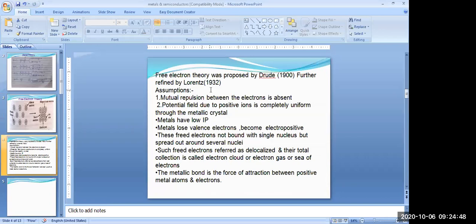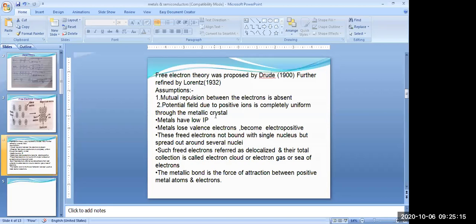First, the mutual repulsion between the electrons is absent, because the electrons are delocalized over all the atoms equally. That is known as delocalization of electrons. Secondly, the potential field due to the positive ions, after loss of electrons, is completely uniform throughout the metallic crystal.